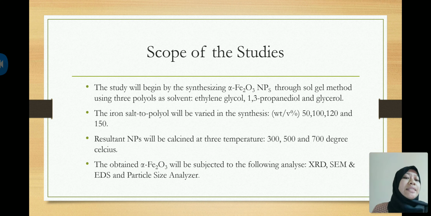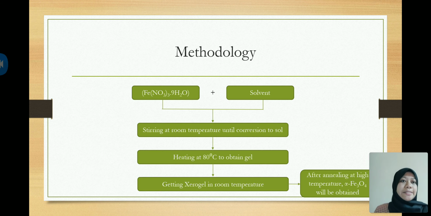The resultant nanoparticles will be calcined at three different temperatures, which are 300, 500, and 7 degrees Celsius. The obtained alpha iron oxide will be subjected to XRD, SEM, EDS, and particle size analyzer. So let's see the methodology of synthesizing hematite nanoparticles.